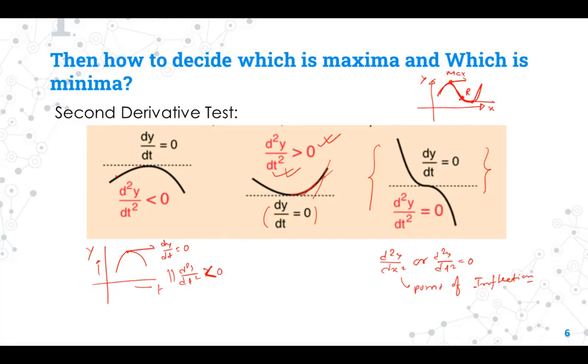Now at a certain point, suppose this is a point where the curve is changing its direction from maxima to minima. At this particular point, R is, suppose, the transition point between maxima and minima. So R is called the point of inflection.